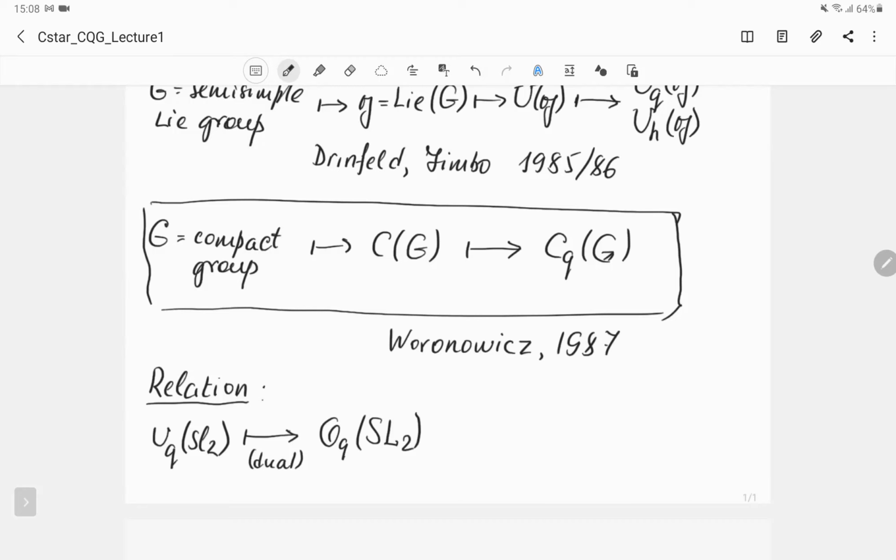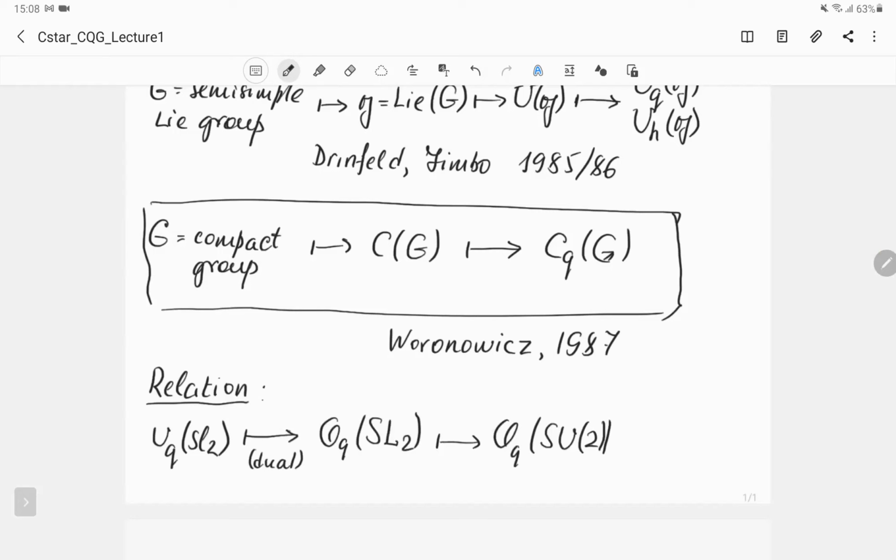Algebras of this form were first systematically studied by Faddeev, Reshetikhin, and Takhtajan. This algebra has a natural involution, and when we equip it with the involution, the resulting algebra is usually denoted like this.